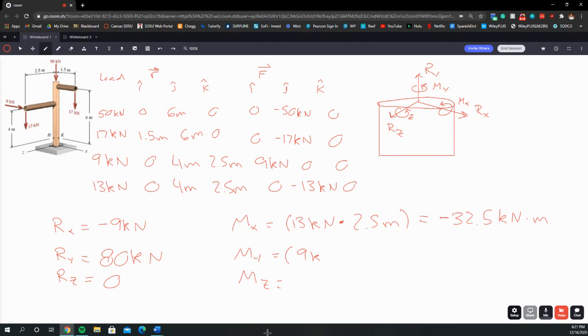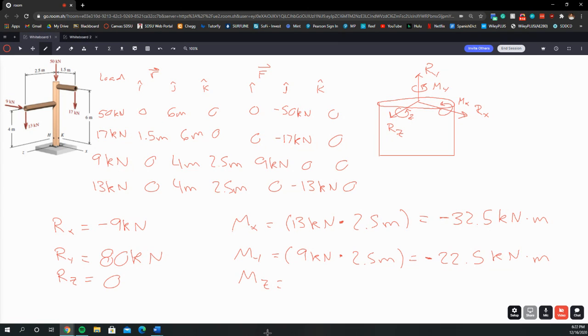9 kilonewtons times the moment arm of 2.5 equals 22.5 kilonewton-meters. And then we can see that it is producing a counterclockwise rotation, so the reaction is going to be clockwise, just negative. And the moment about Z. Sorry, where was I?